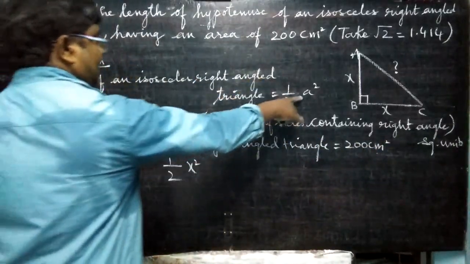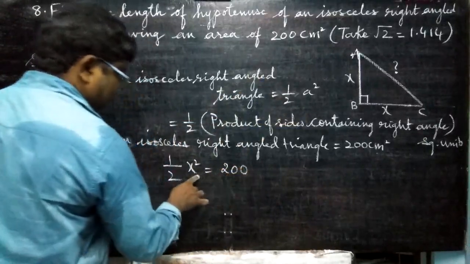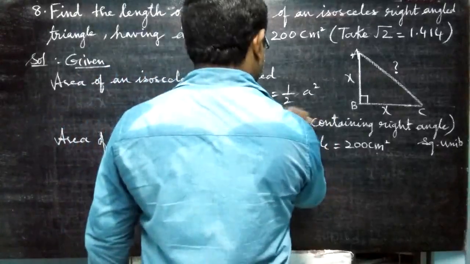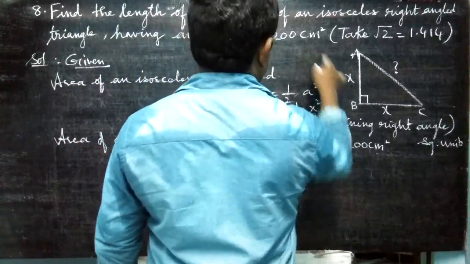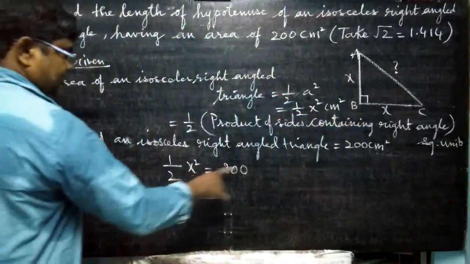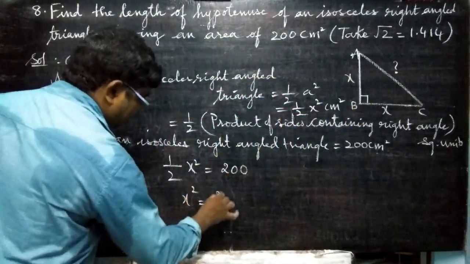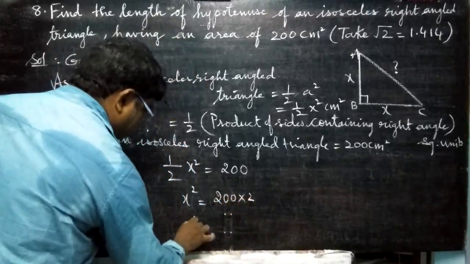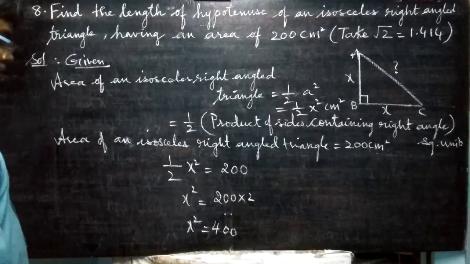This is the formula, this is the side, is equal to 200. This side also is centimeter square only. So half a square you can write as half x square centimeter square. That's why centimeter square cancelled. x square is equal to, cross multiply, 200 into 2. x square is equal to 400. Are you able to follow?